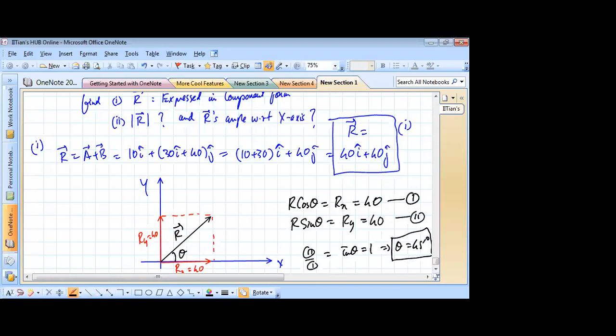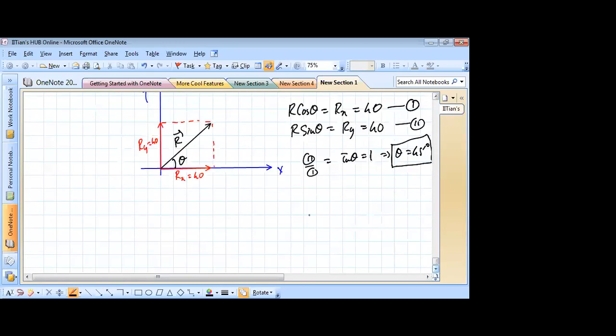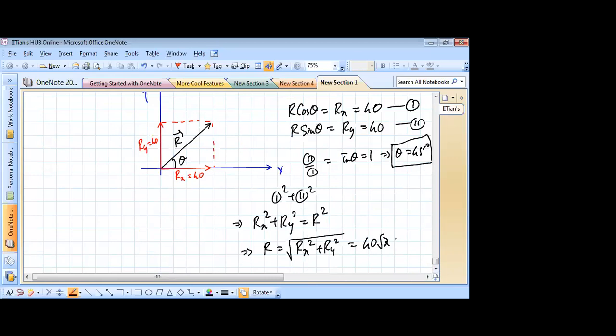And if you just square and add these two equations, equation 1 square plus equation 2 square will show you that Rx square plus Ry square becomes R square. So the magnitude of the vector is square root of Rx square plus Ry square, which in this case is 40 root 2. So that's the magnitude.